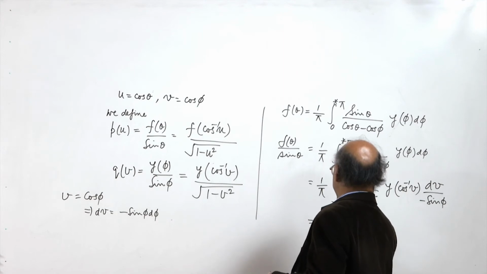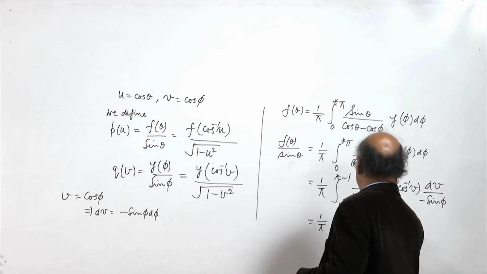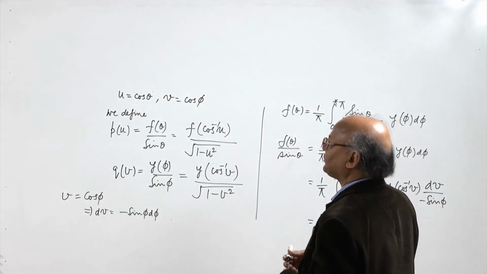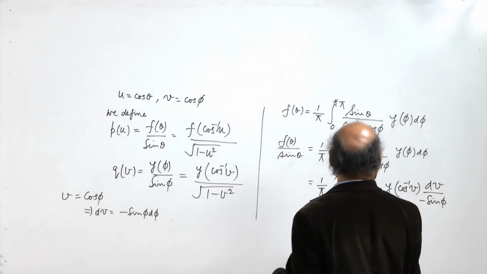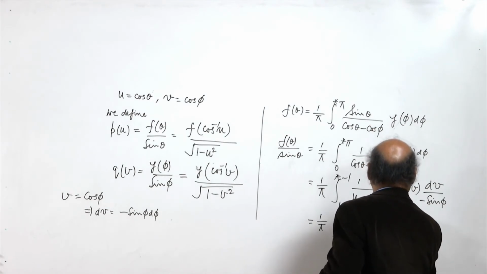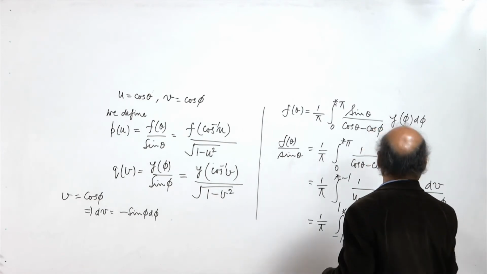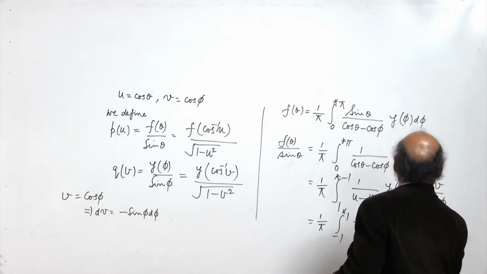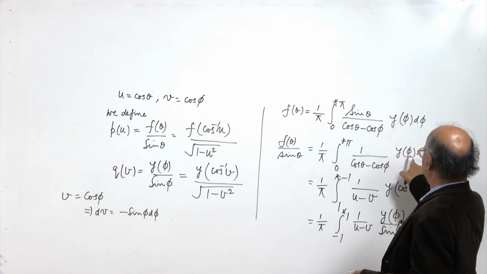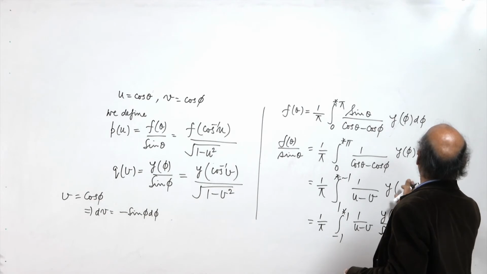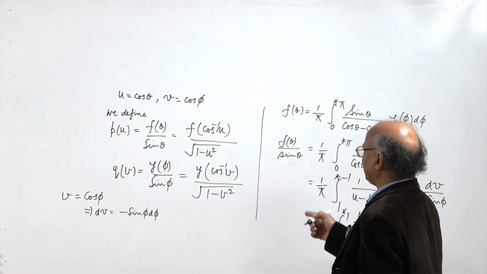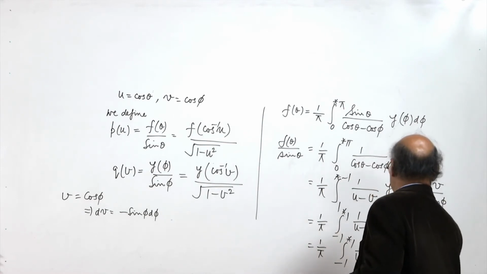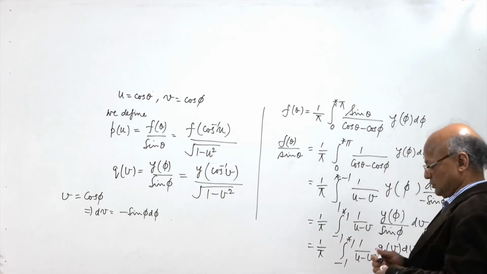So we can write it as 1/π ∫ from −1 to 1 1/(u − b) ψ(φ)/sin φ db, where sin φ is equal to √(1 − b²). So ψ(φ) over sin φ we can write as q(b), so p(u) = 1/π ∫ from −1 to 1 1/(u − b) q(b) db.